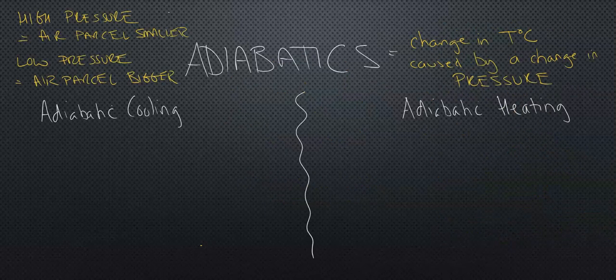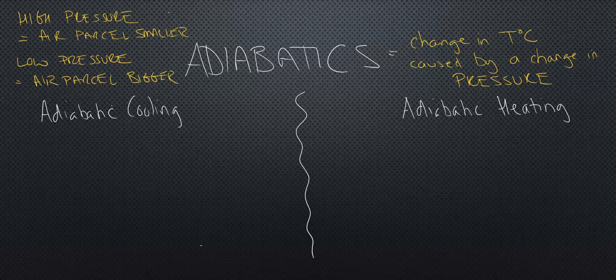So the term adiabatics is in relation to an air parcel's temperature, and a change in temperature is caused by a change in pressure. So if you were to add more pressure, high pressure on the air parcel, it would actually decrease the volume, and increased pressure would cause the temperature to increase.